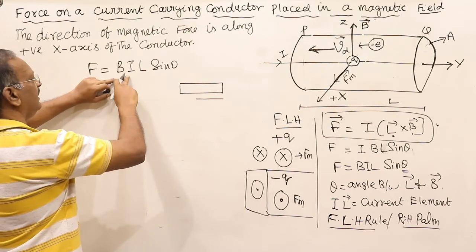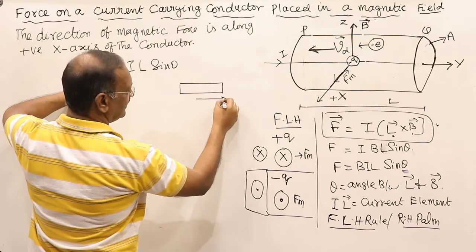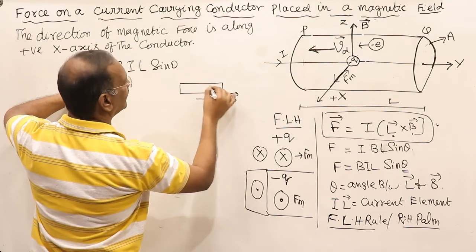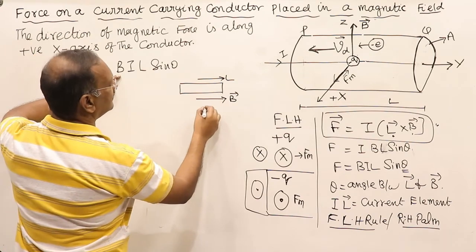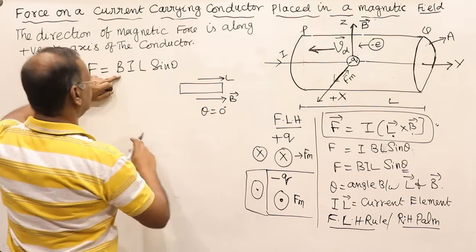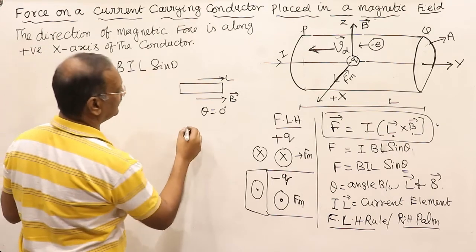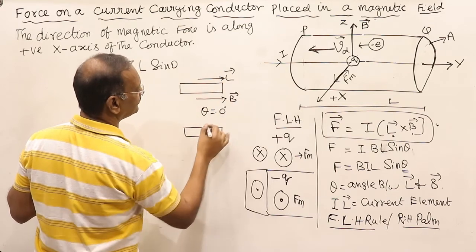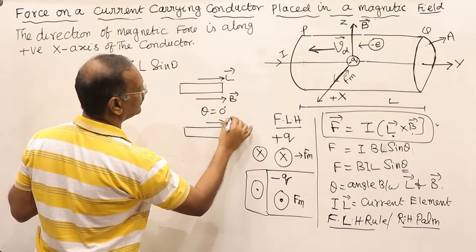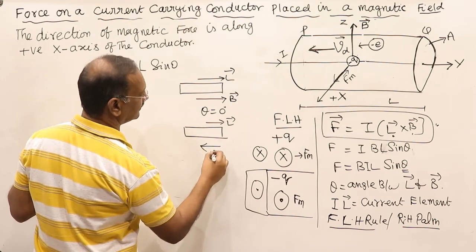Now this is the direction of magnetic field, and this is the direction of L. In that condition, theta is equal to 0 degree, theta being the angle between the magnetic field and the length of the conductor. Suppose this is the length vector in this direction, and this is the magnetic field direction.